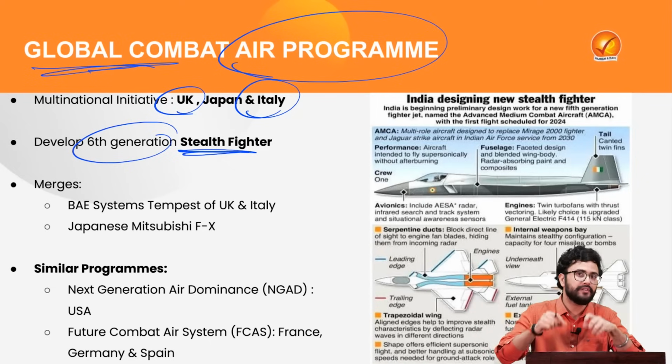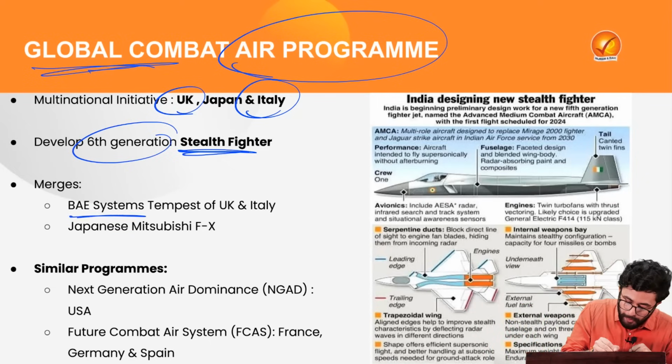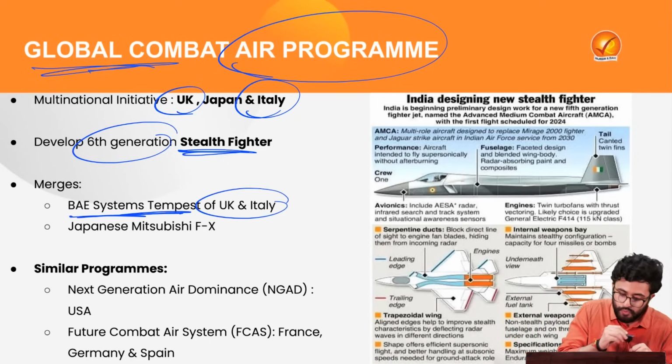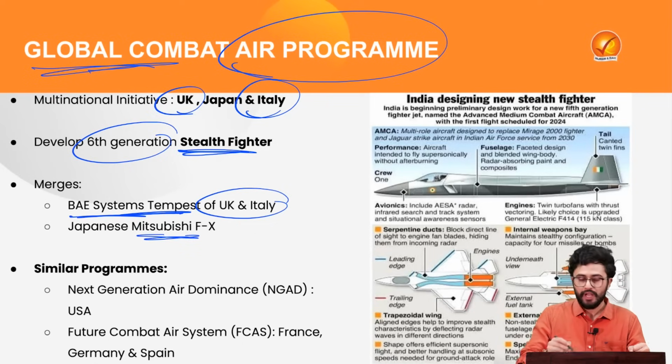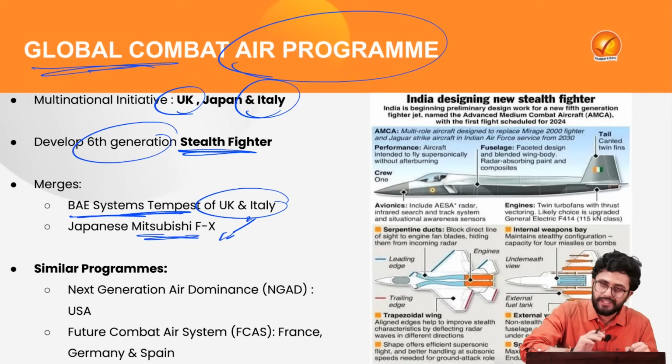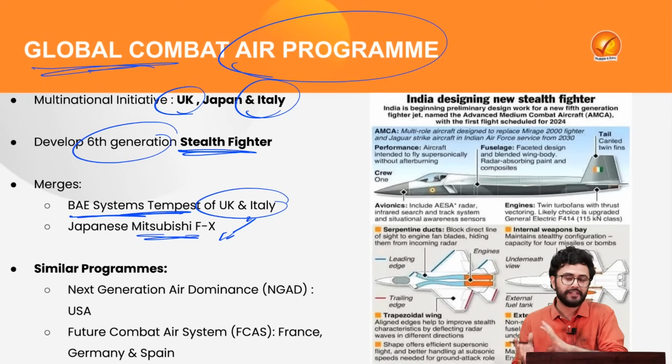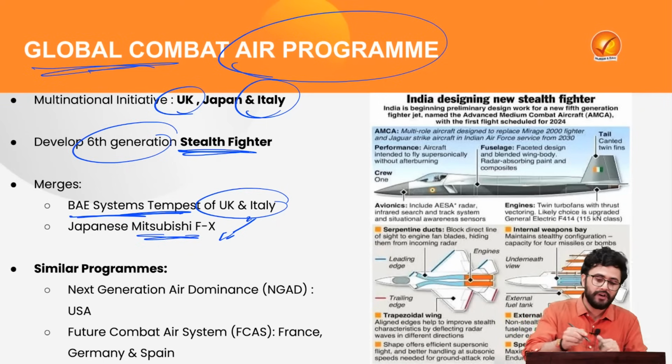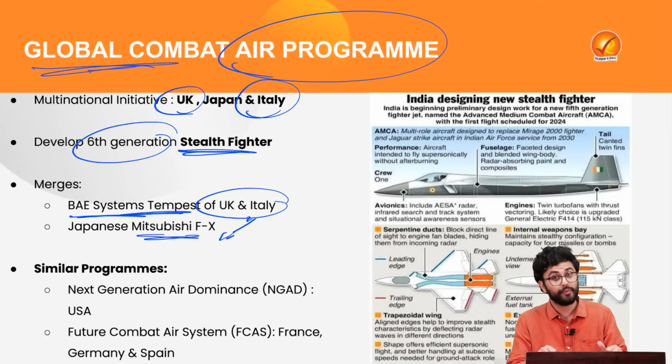And that will happen with the merging of BAE Systems Tempest of UK and Italy and the Japanese Mitsubishi FX. So earlier they were developing their own 6th generation stealth fighters, but now they have combined the effort under this Global Combat Air Program.